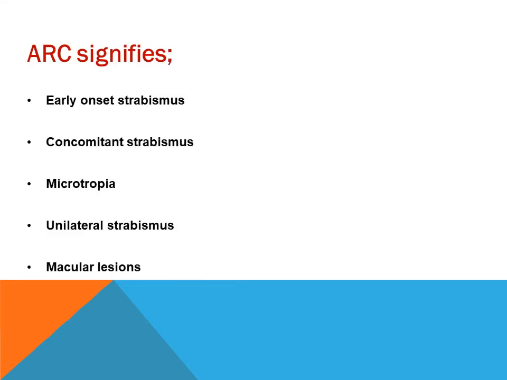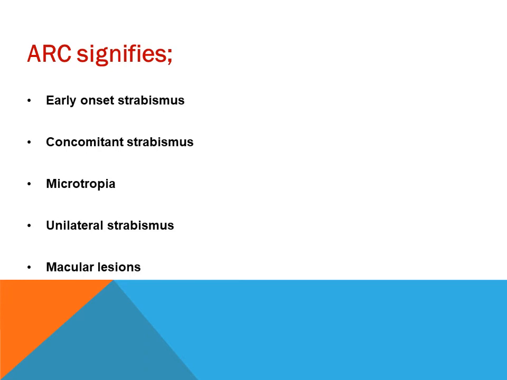So which are the clinical conditions where we can see ARC? Like in early onset strabismus that I have already explained before, in order to avoid the confusion or diplopia, either of the two sensory adaptations may take place. Either it can be cortical suppression that may later on in future lead to amblyopia, or it can be the establishment of harmonious ARC, that leads to a proper development of binocular single vision.